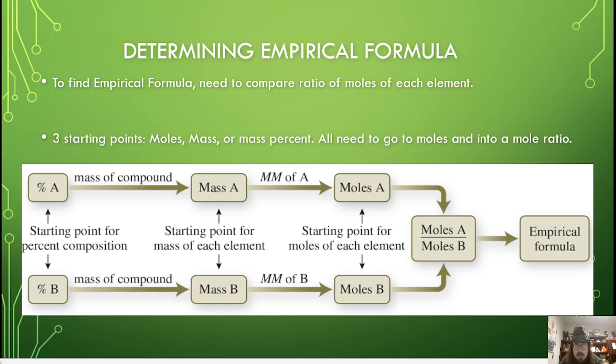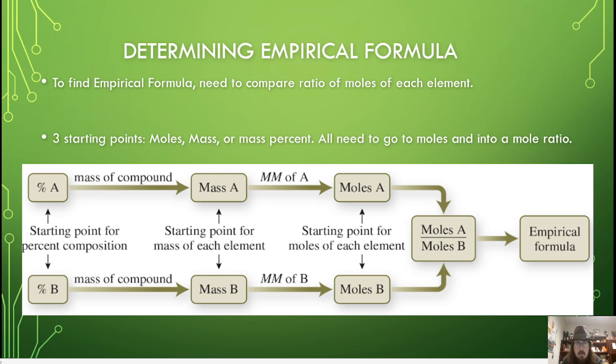You could technically go to atoms, but atoms would just add one more, unnecessary step. So we're always going to compare moles, because each atom weighs a different amount based on its molar mass. If we compare moles, those are direct ratios.